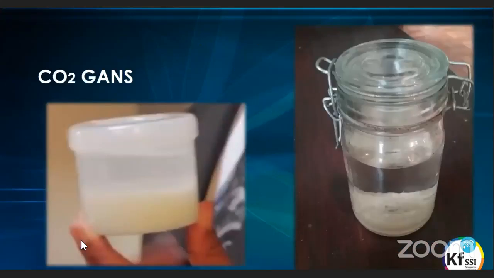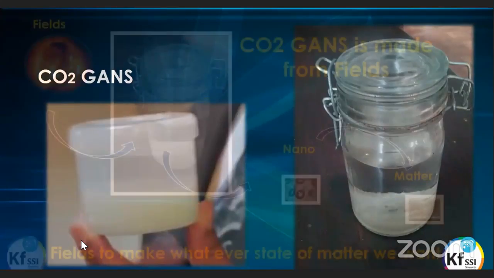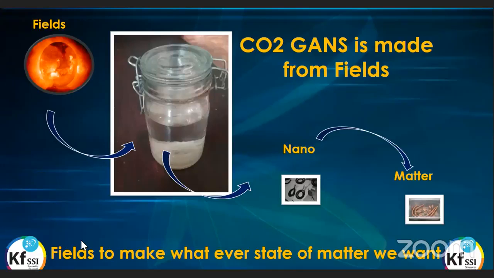So once you've washed and collected, you're left with your CO2 GANs, which you just keep in a separate bottle with distilled water so that it's ready for use when you need it. So you can see what we've done is we've essentially started creating a material from the fields around us, because we created the condition within the box to attract the field strength of carbon, which comes in and interacts to create the CO2.